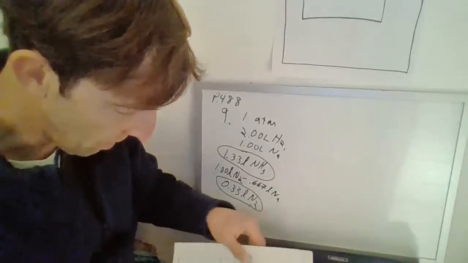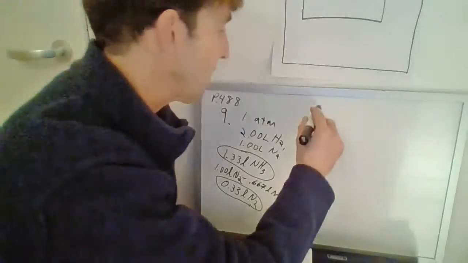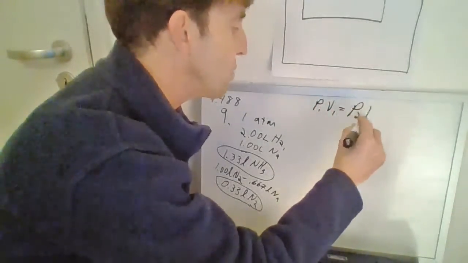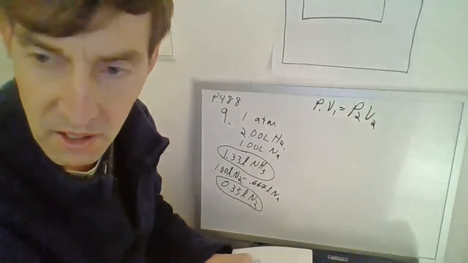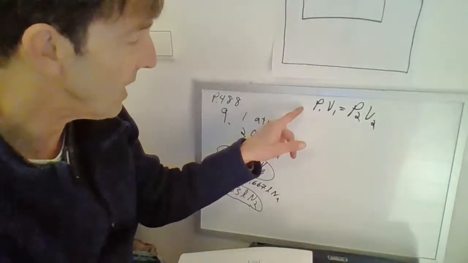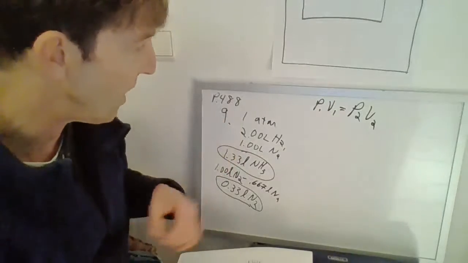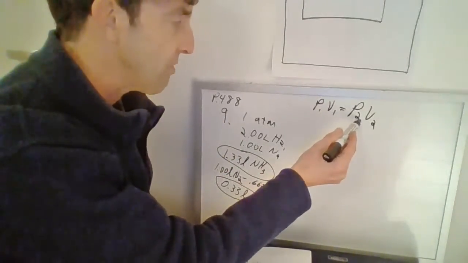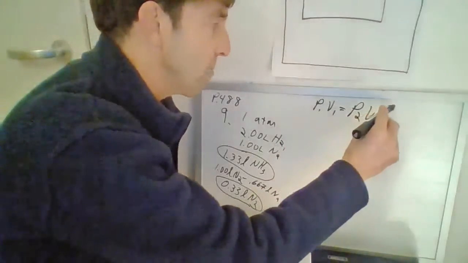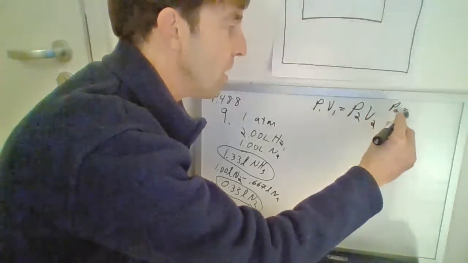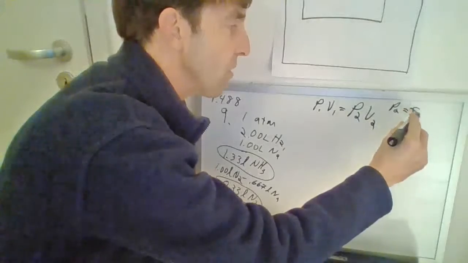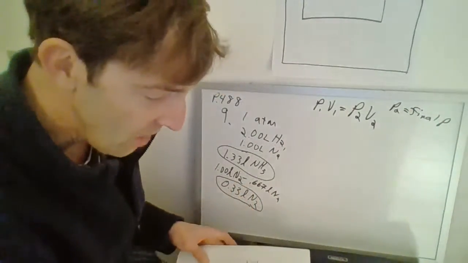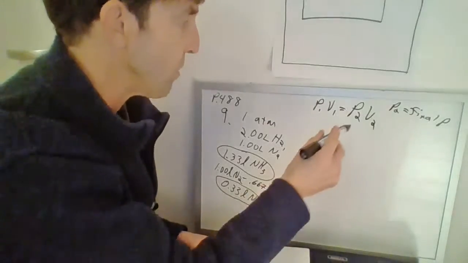I want a pressure volume relationship. There it is. Okay, so P1 V1 equals P2 V2. I bet somebody even wrote that down already. No. Okay, well, that's what we need here, don't we? Because we got pressure and we got volume. So let's let this be the pressure afterwards. So P2 equals final pressure.